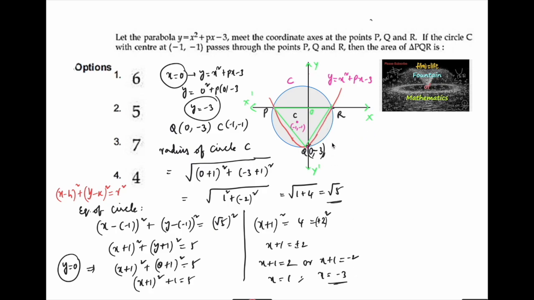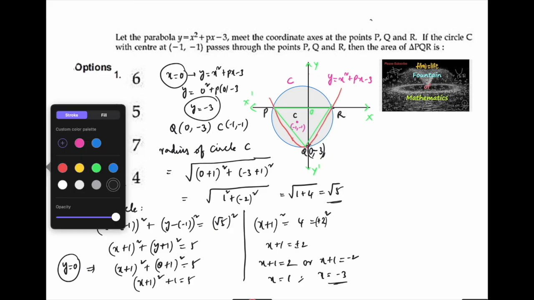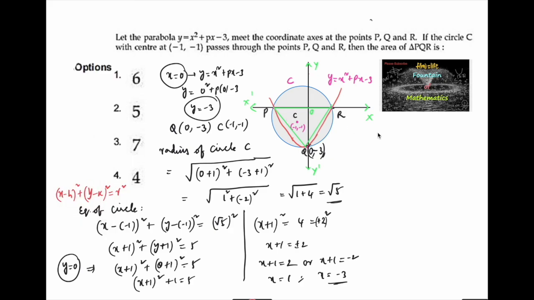So we can conclude the point P can be taken as, where y is equal to 0, x is equal to minus 3, that is minus 3 comma 0, and R is the point 1 comma 0, and Q is the point 0 comma minus 3. Now area of the triangle PQR.